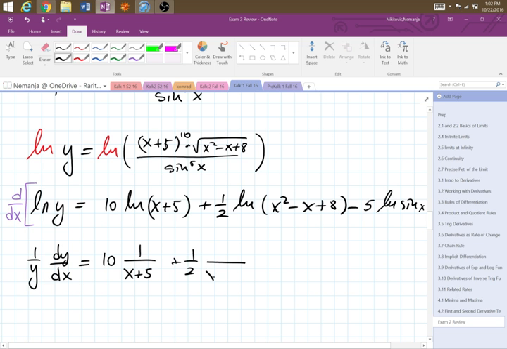You copy the function as is in the denominator and then put its derivative in the numerator, because that's what the derivative is. It's f prime over f for logs. And now minus 5, you put sine x and its derivative cosine x goes in the numerator.